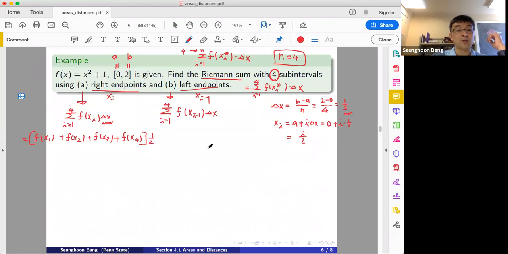This is the answer of the first question. What's the answer of the second question? You can plug 1 into here. 1 minus 1 is 0. So we have f of x0, f of x1, f of x2, f of x3, times the same delta x, 1 over 2. We have this kind of thing.